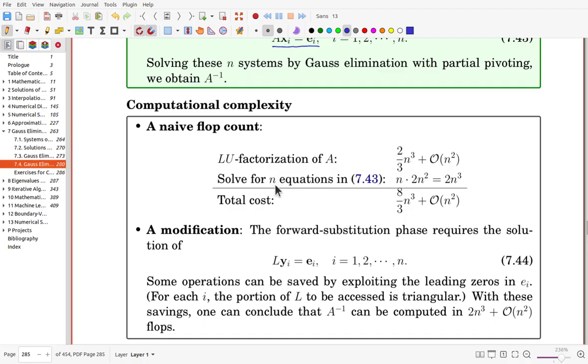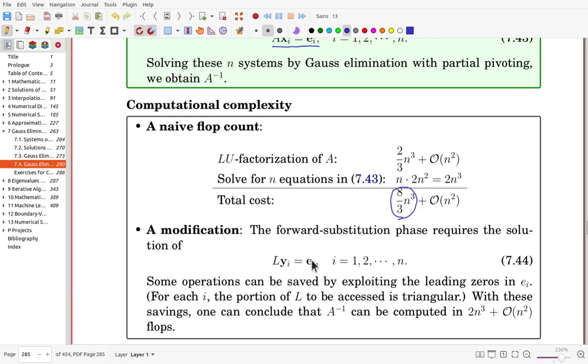And to solve n equations, each one requires 2n squared, so that eventually it's 2n cubed. So the total cost is 8/3 n cubed. That is the naive number of operations required to get A inverse. But we can modify this operation in this way.